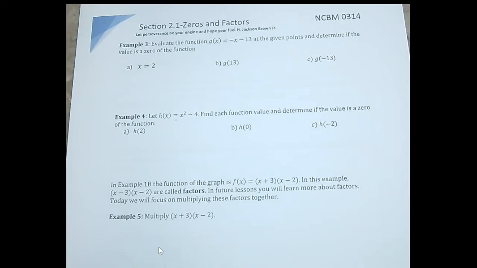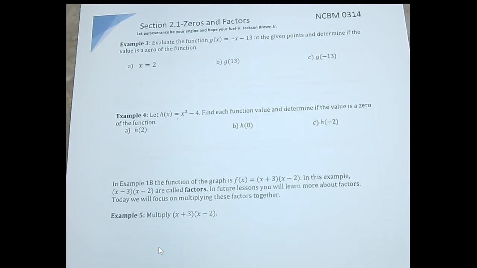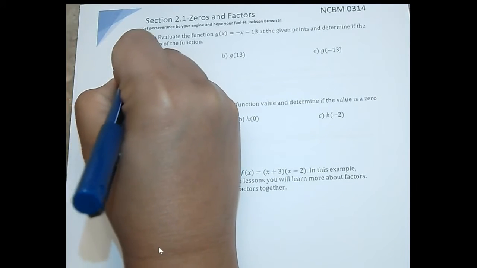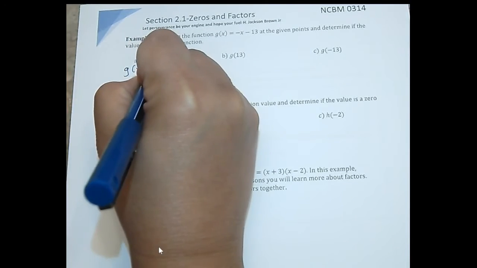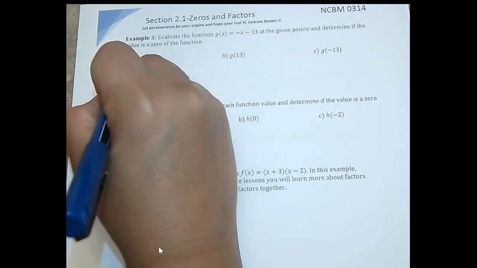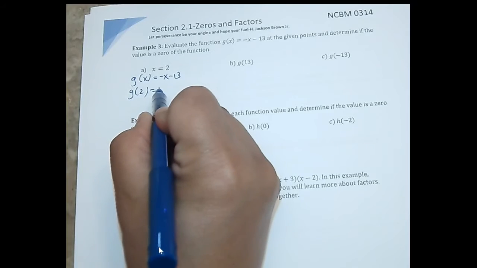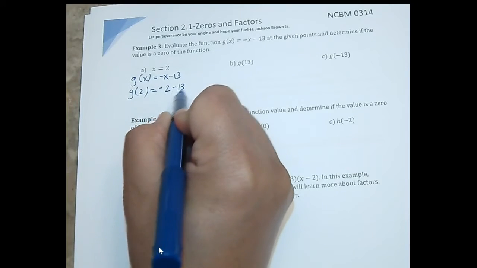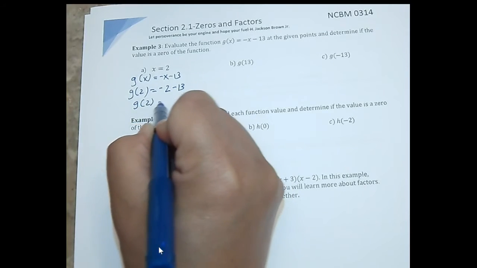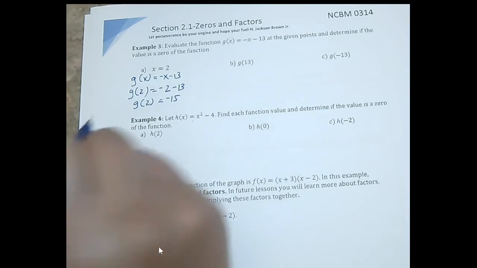Evaluate the function g of x equals negative x minus 13 at the given points and determine if the value is a zero of the function. Here we can evaluate the function by substituting a number, 2, anywhere we see an x. In this case, I get negative 2 minus 13. So g of 2 is equal to negative 15.